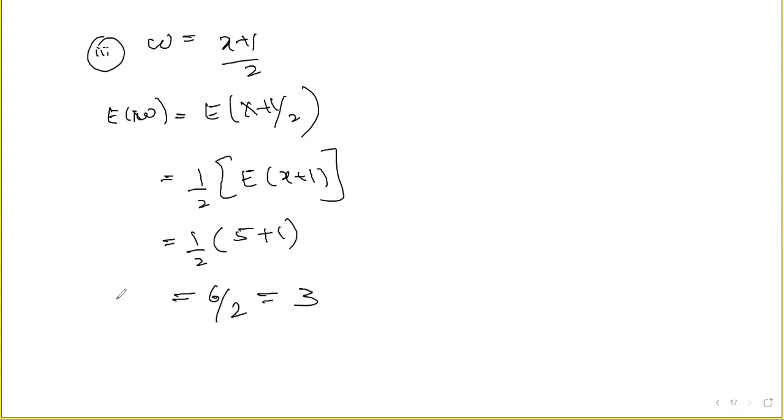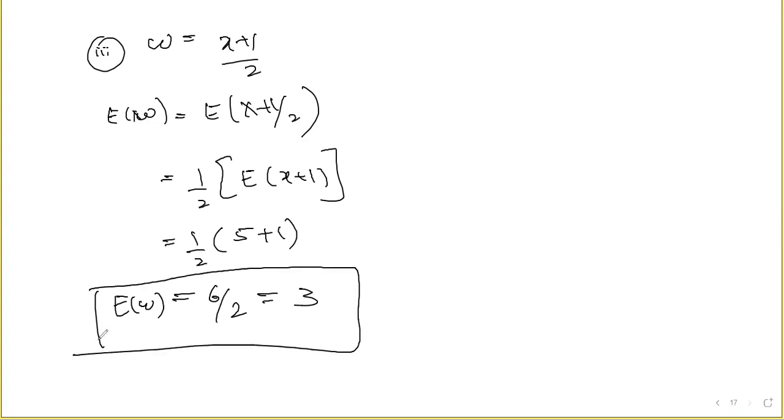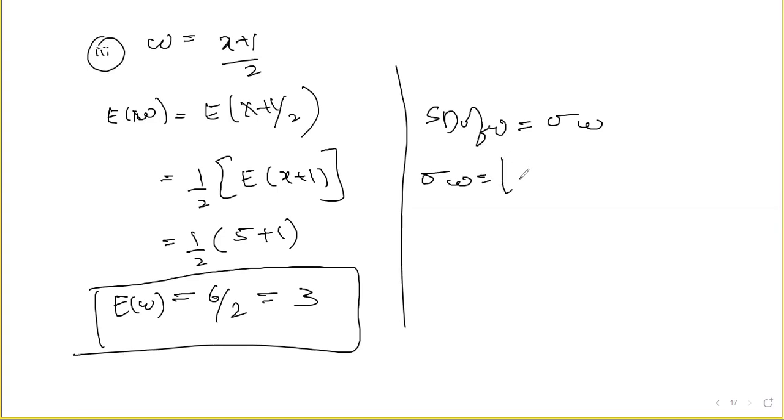That will be 3. This is expected value of w. Next, standard deviation of w, which is nothing but sigma w. So sigma w equal to modulus value of a into sigma x. Right? So here sigma w equal to modulus value of 1 by 2, sigma x, that is 3. So the answer is 3 by 2.